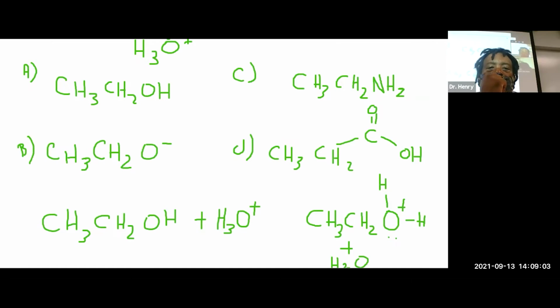Which side do you believe is going to be favored? This side or this side? You say the product is going to be favored? Yes, the reactant.